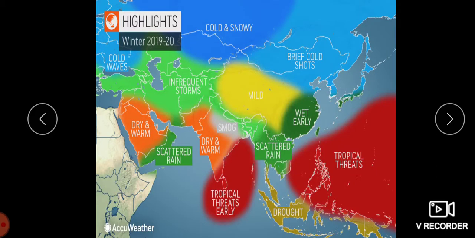So now we will move on to the winter season. The period from October to March is winter in most parts of Asia, as a greater part of Asia lies in the northern hemisphere, children. Here the rays of the sun are slanting in the northern hemisphere during the winter season.